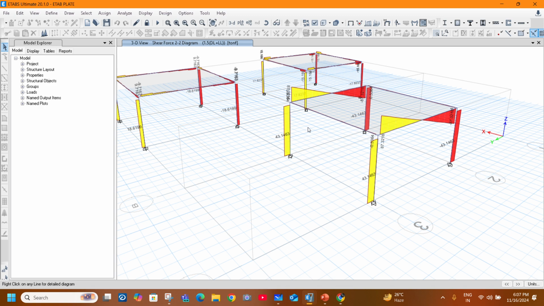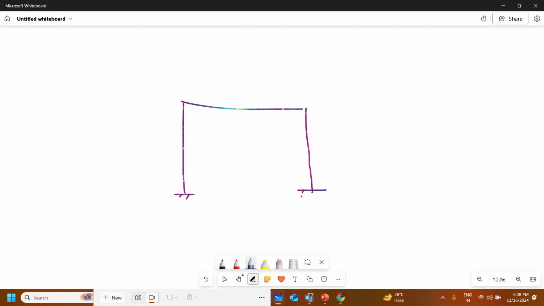suppose this is a structure, this is a structure, this is a structure. Okay. And there is a force applying on it. What kind of behavior do we generally see?